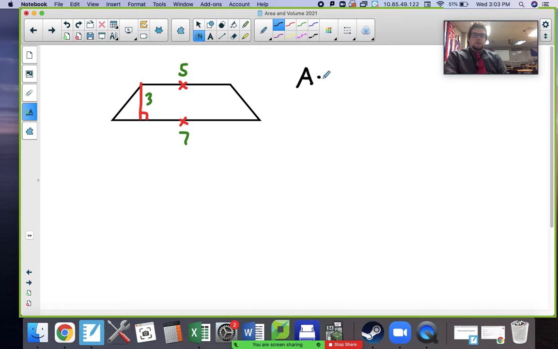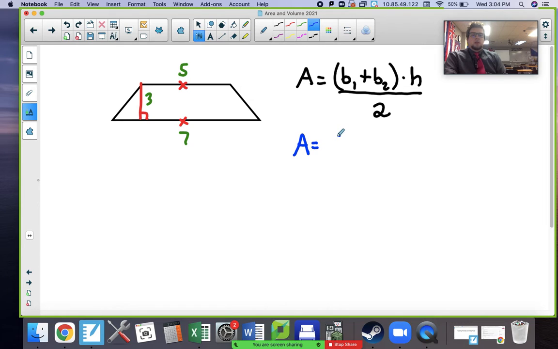Area of a trapezoid: base 1 plus base 2 times the height, divided by 2. 5 plus 7 times 3 divided by 2. The parentheses are super important.